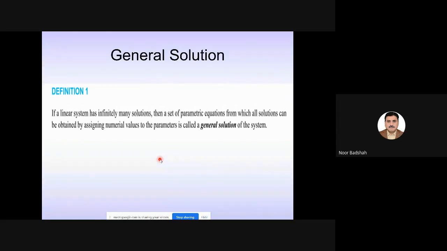Okay, so if a linear system has many solutions, then a set of parametric equations from which all solutions can be obtained by assigning numerical values to the parameters is called a general solution.